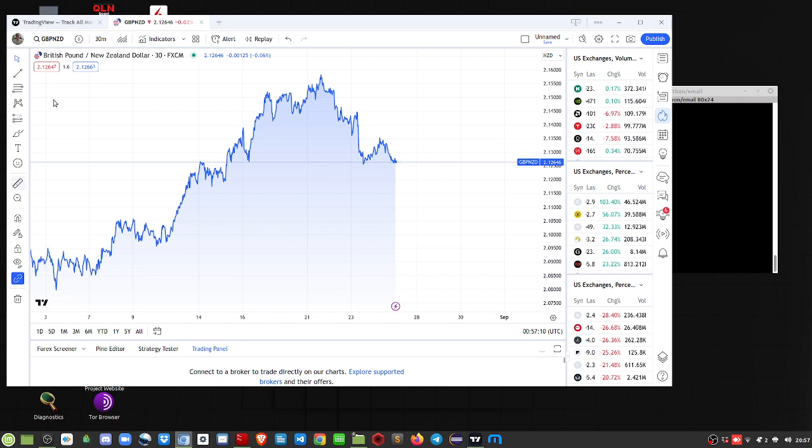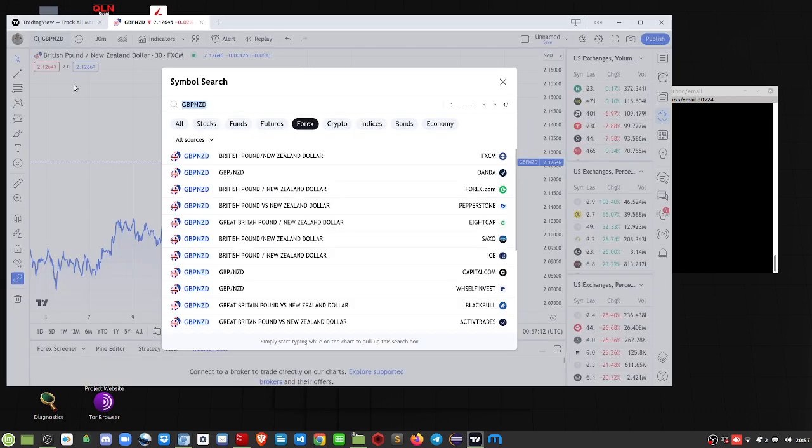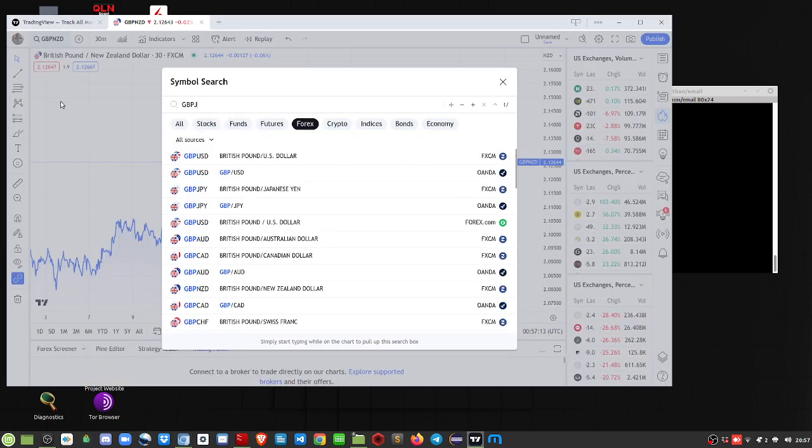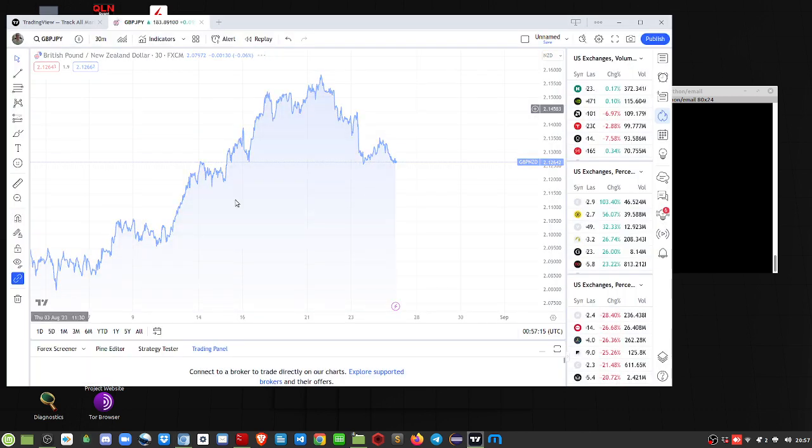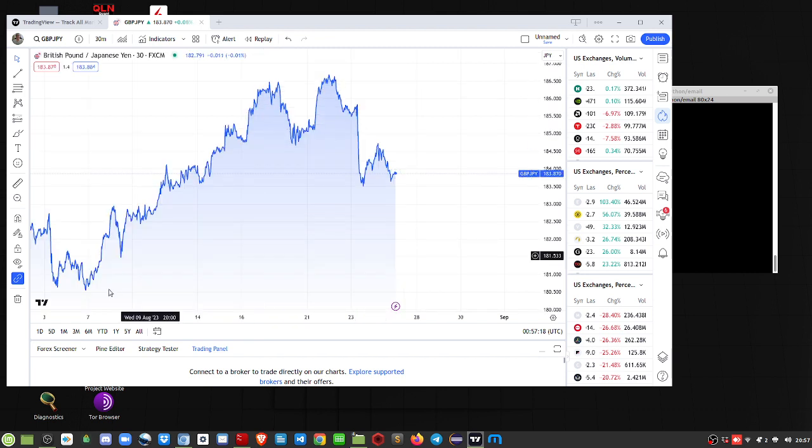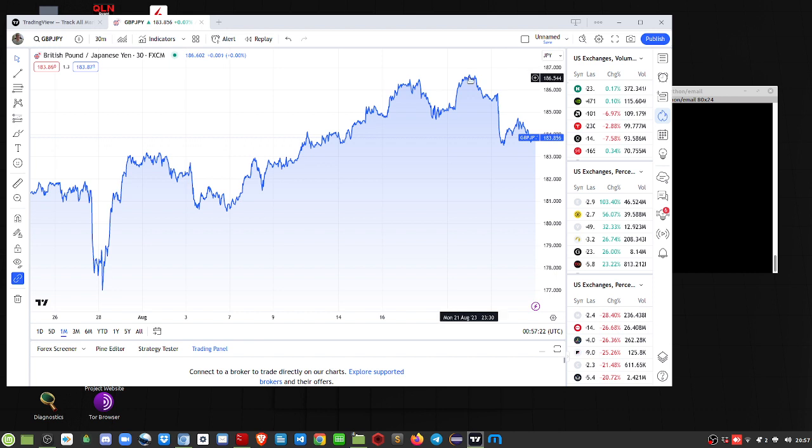Pound against the Japanese yen. You can see why these are maybes, because they did show performance. And generally, they've been declining since August 23rd. That's why I consider it a maybe. Will it come back? I don't know, but there was a nice run up here. You can see nice stability in the yen, not very volatile.